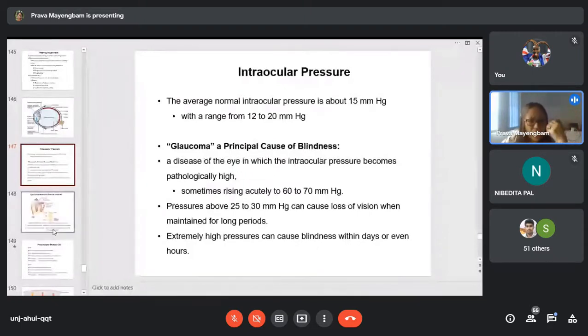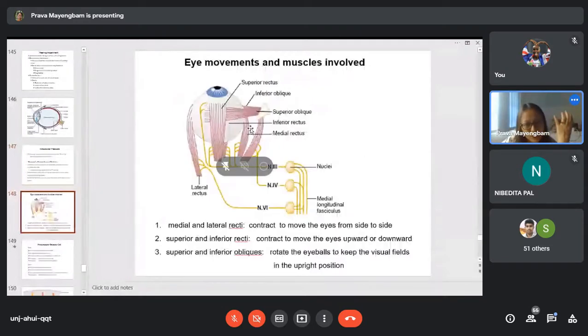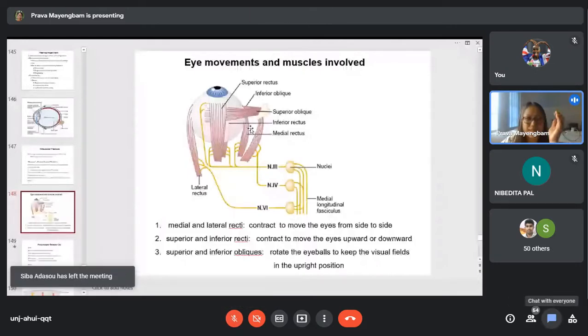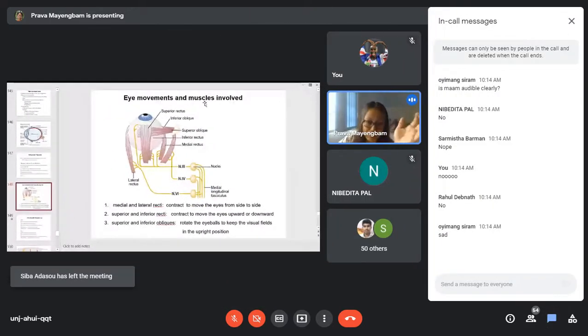You might have studied the muscles associated with the eye. Here, what I am going to discuss is the muscles involved in eye movement. Some muscles may be involved in accommodation, but I will discuss the muscles involved in eye movement.